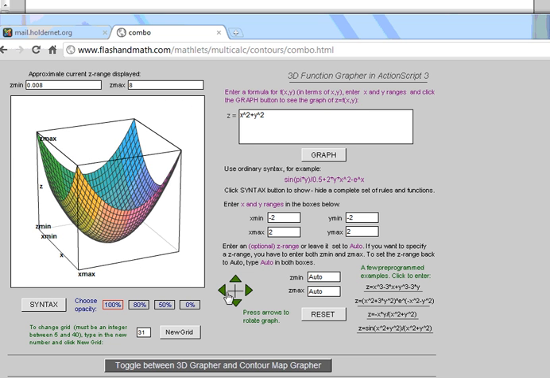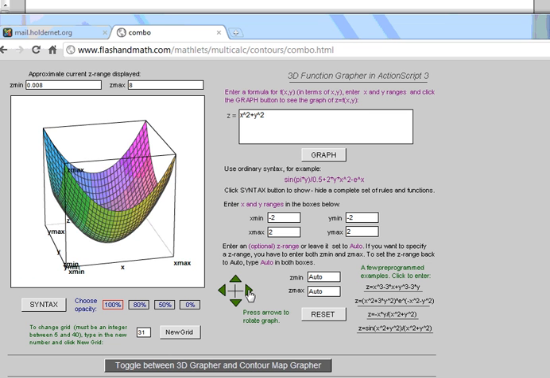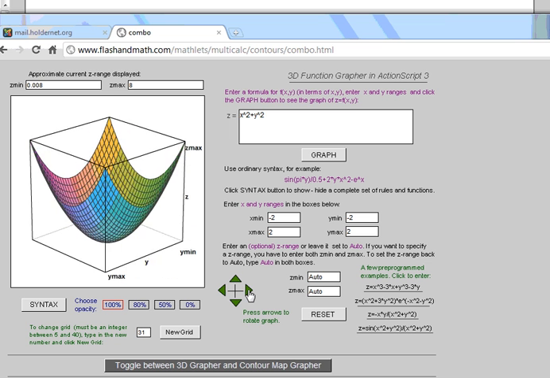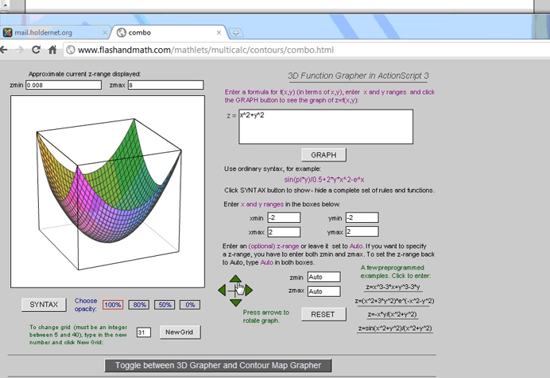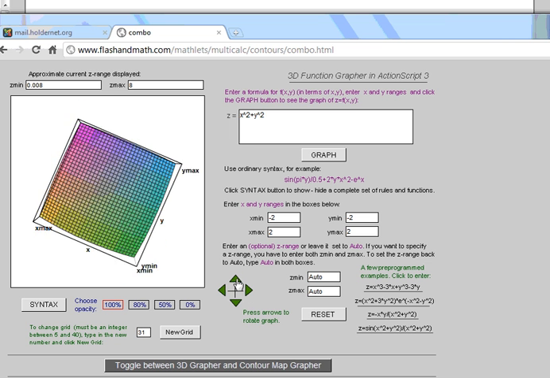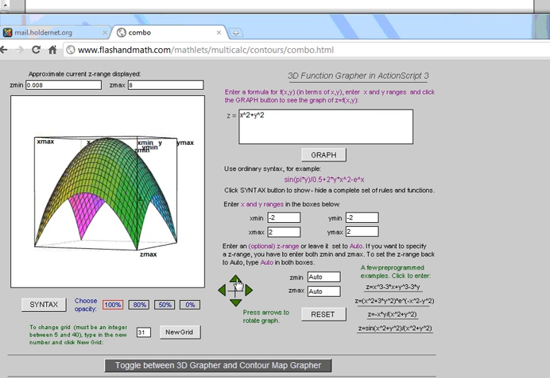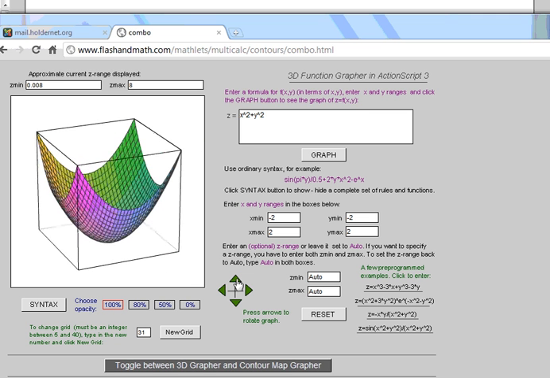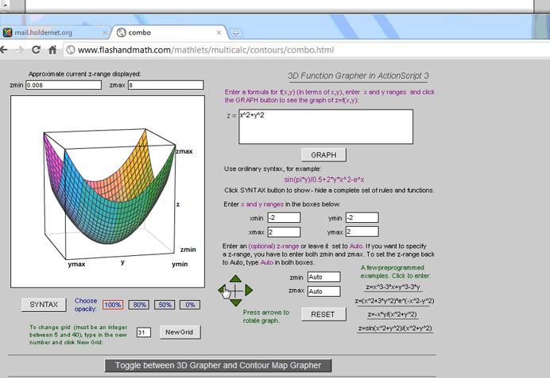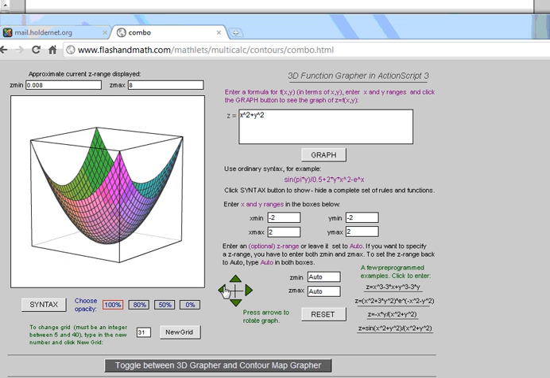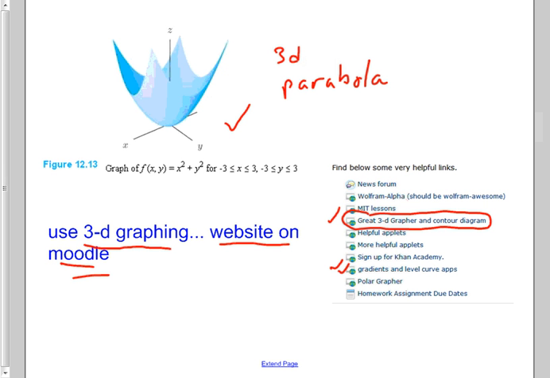Here's my graph, and what we have is the x-axis, the y-axis, and then the vertical z-axis, and I can rotate it around the z-axis. I can also flip it upside down, so look below it. So this is a very helpful site for us to visualize three-dimensional graphing. So we've got this 3D parabola. Let me move back.